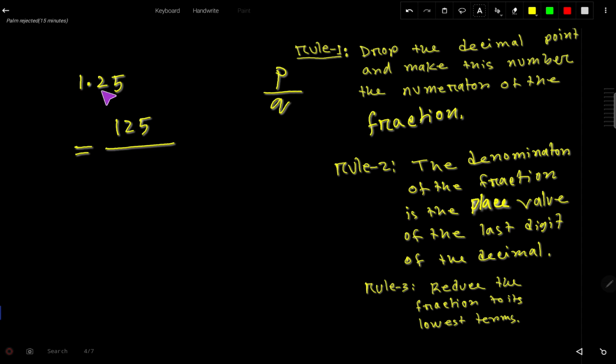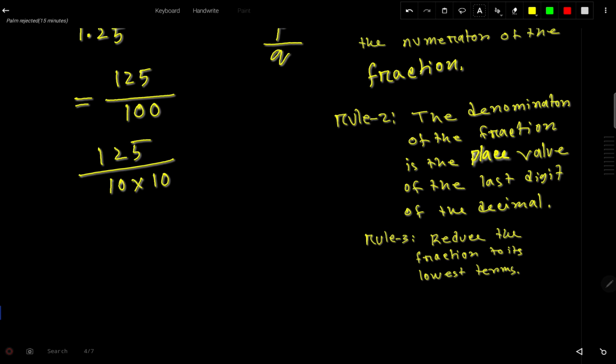This is the 10th place and this is the 100th place. So the place value of the last digit is 100. So this is another way to convert decimal to fraction. Or we can write like this. After decimal point, we are getting 2 digits. So for 2, we'll write 10. For 5, we'll write 10, right?